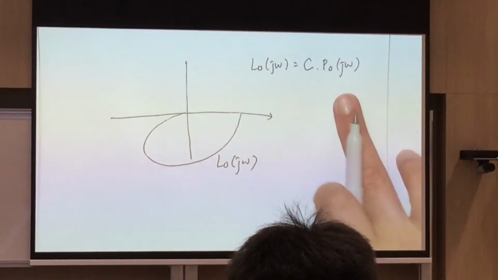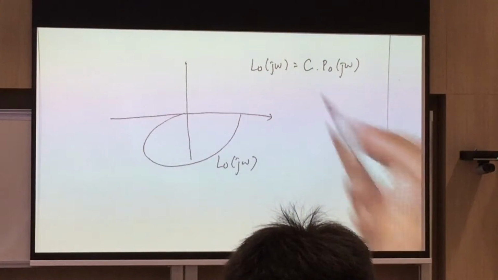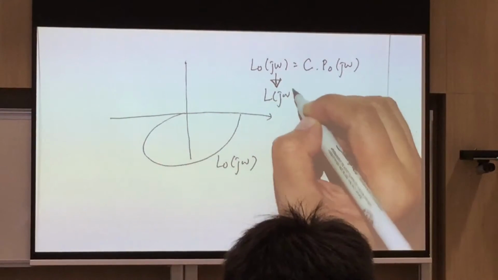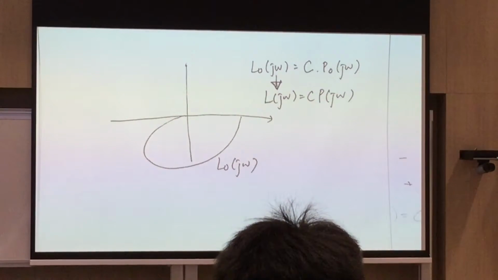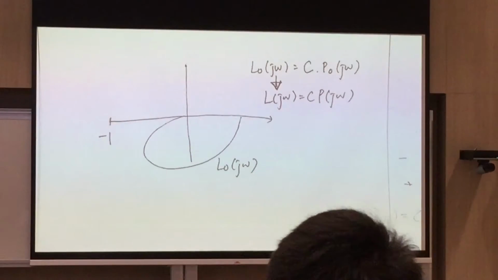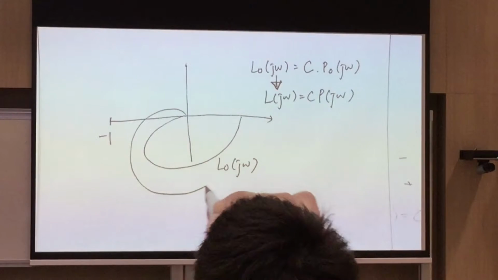So instead of P naught, let's change to another set of dynamics. So it's now P. So L naught, let's change to L, which is C times P. Okay? And imagine if this was the minus 1 point. Alright? Now my L could possibly be like this.